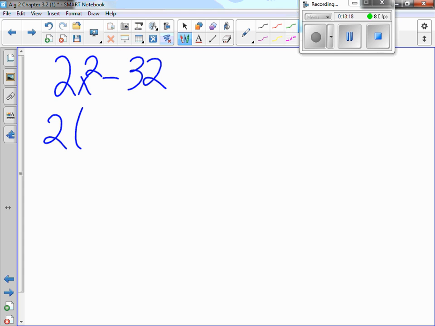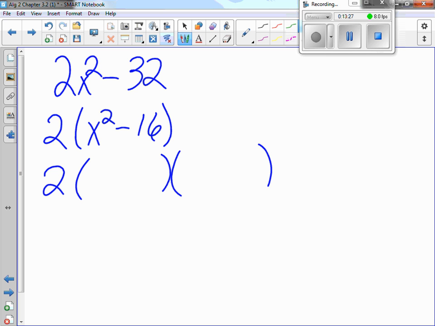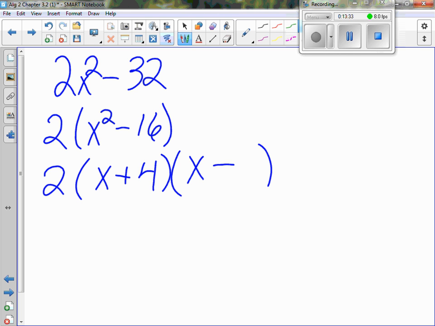So if I factor it out, we get this here. This time, x squared is a perfect square. And 16 would be 4 and 4. So it is possible to do it this way.